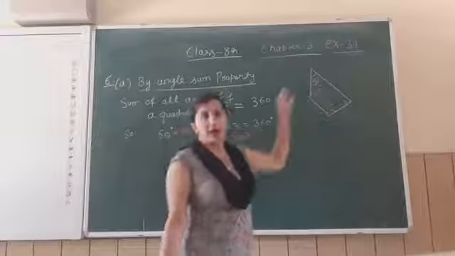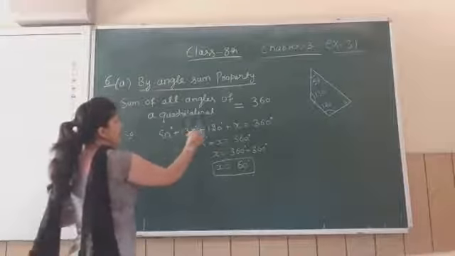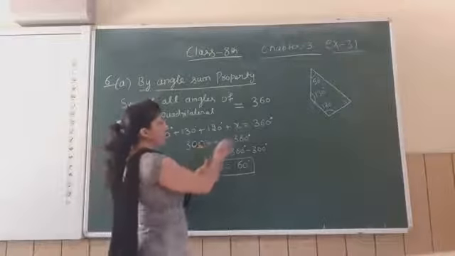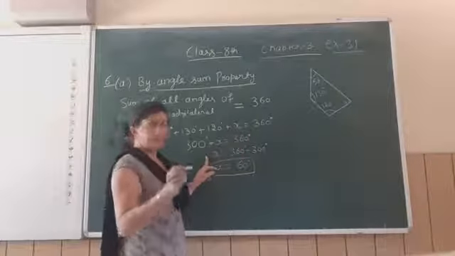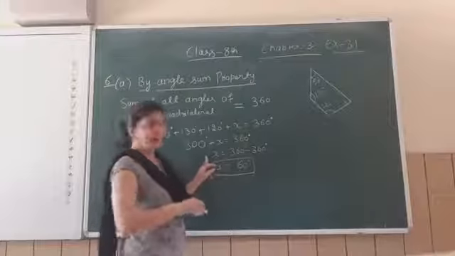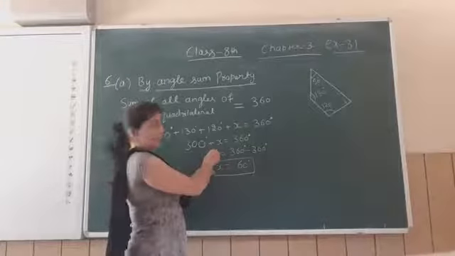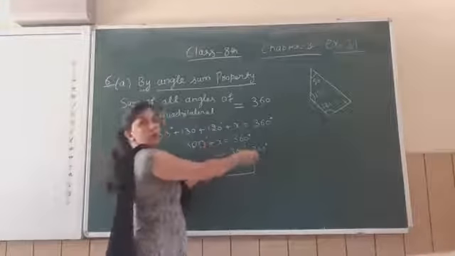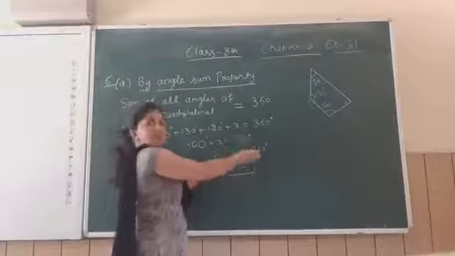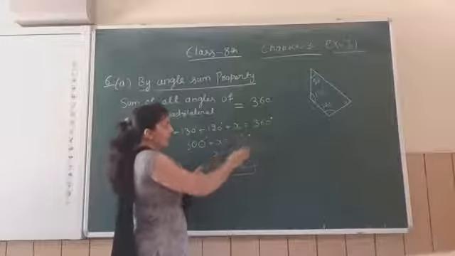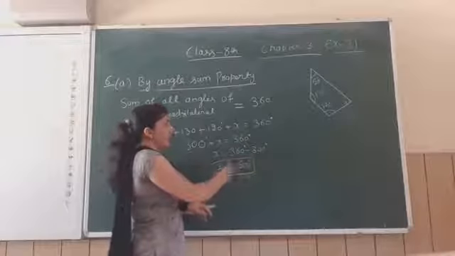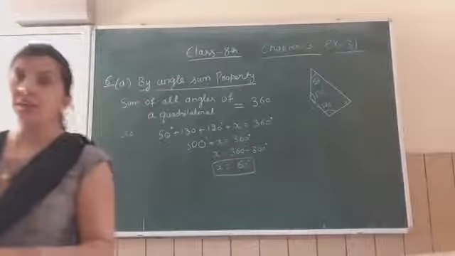These are the 4 angles. When we add, we get 300 degrees plus x is equal to 360. The rule is the same as in linear equations. x will be on the left hand side and 300 will go to the right hand side. It is positive, it becomes negative. 360 minus 300, the answer is 60. So the value of x is 60 degrees.